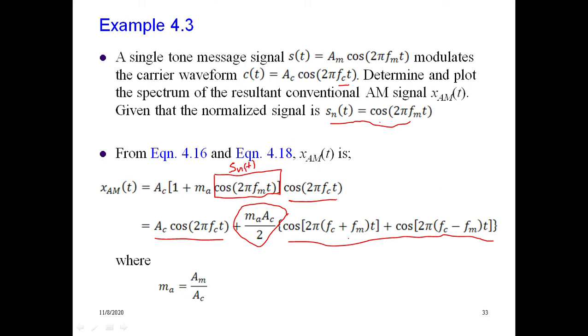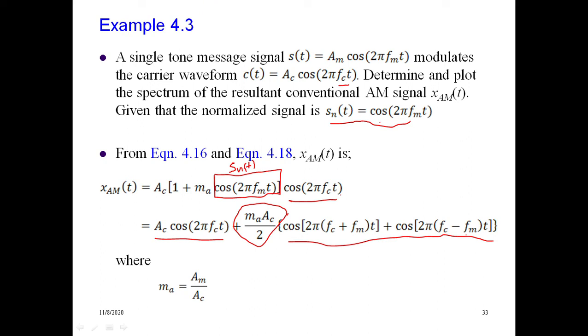It will become cos multiplied by cos, using the formula: the first cos is FC plus FM, plus the other cos is FC minus FM.